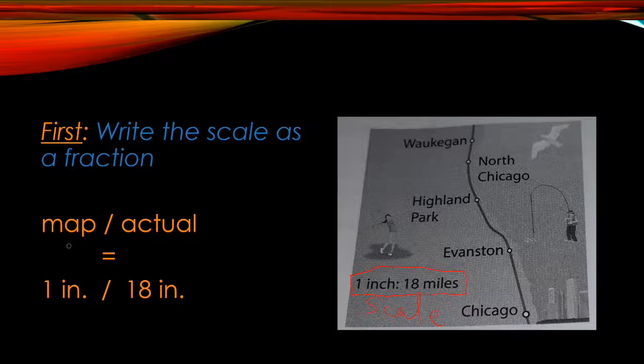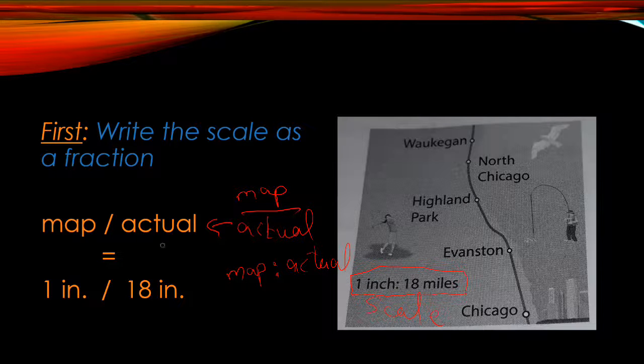The order is always map over actual. This is another way of writing the ratio or the scale. As you remember, any ratio can be written as a fraction, map over actual, or as map to actual, as in the video before this one on ratios.